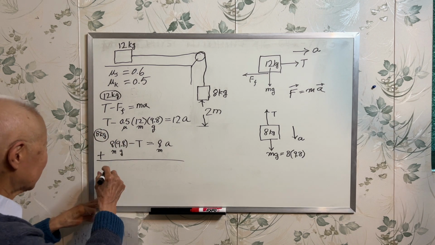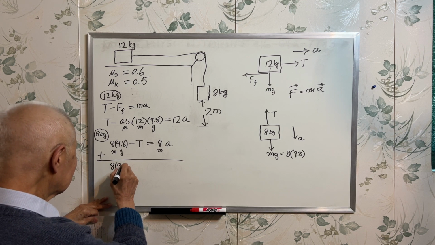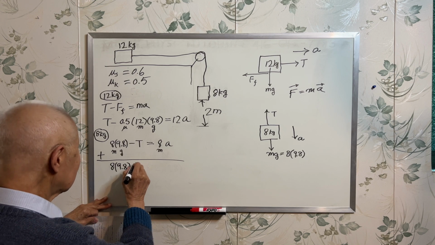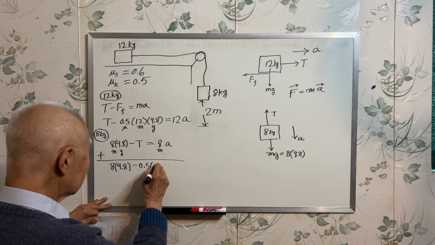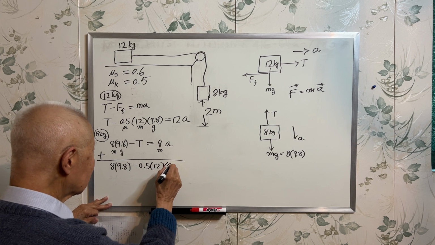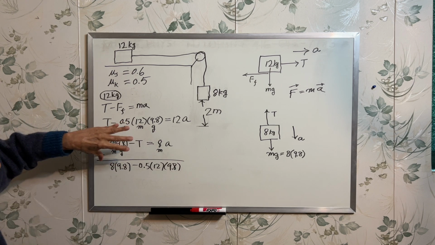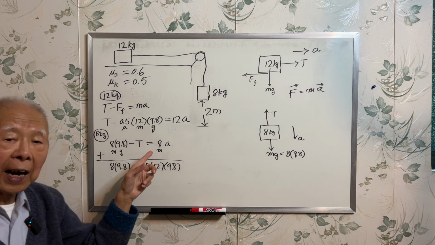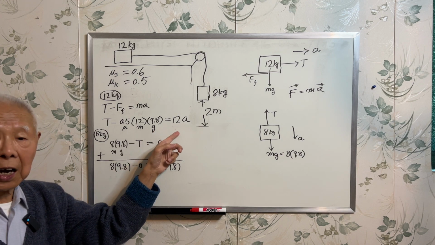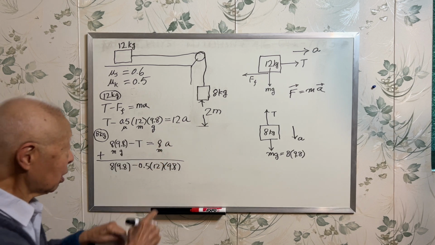All right, so let's do that now. Left side plus left side cancels the T. Right side plus right side, 12a plus 8a.